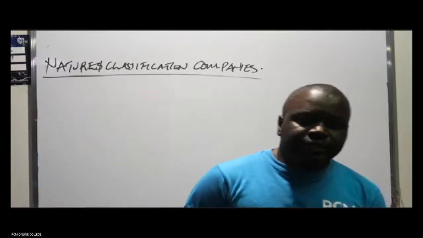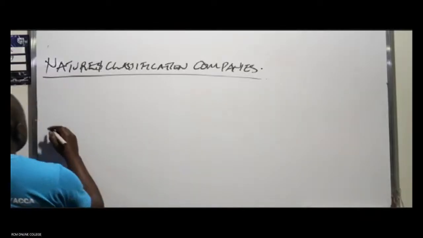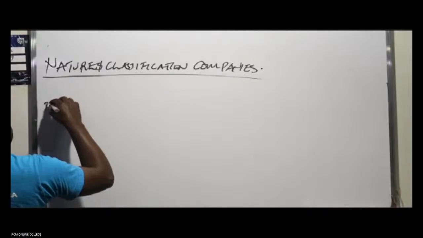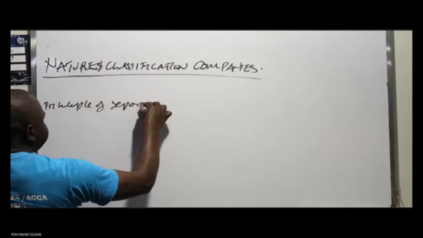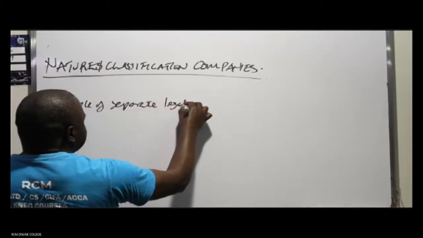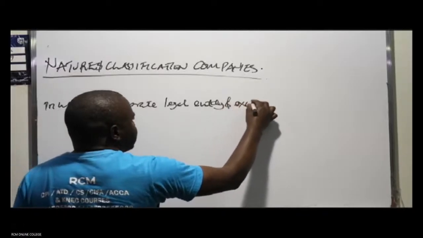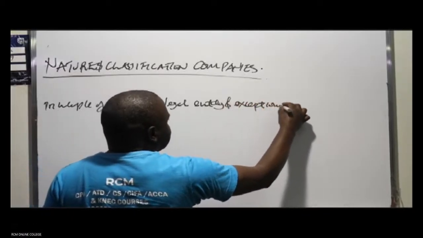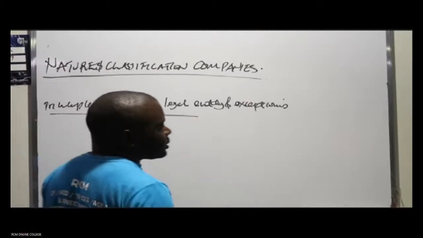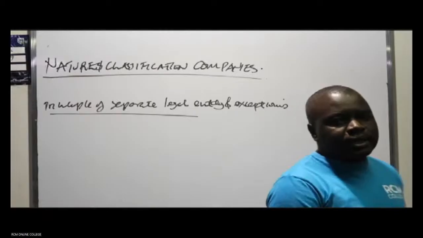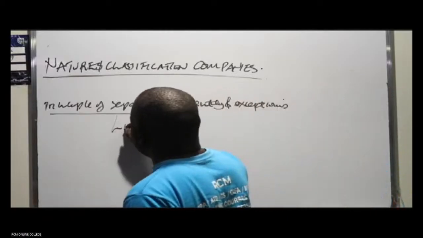In our previous class, we wound up looking at the principle of separate legal entity, and the exceptions to the principle of separate legal entity, or the exceptions to the rule in Solomon versus Solomon and Company Limited, or sometimes we say the lifting of the veil of incorporation.